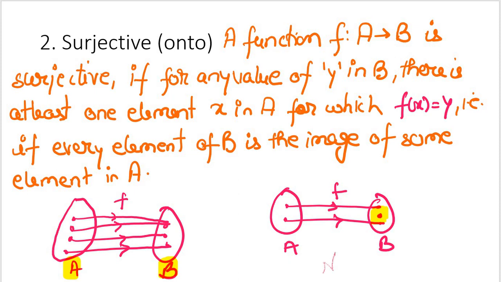In that case, this is something which is not surjective or onto. That means you are not onto. So for every element in B, there will be something in A.